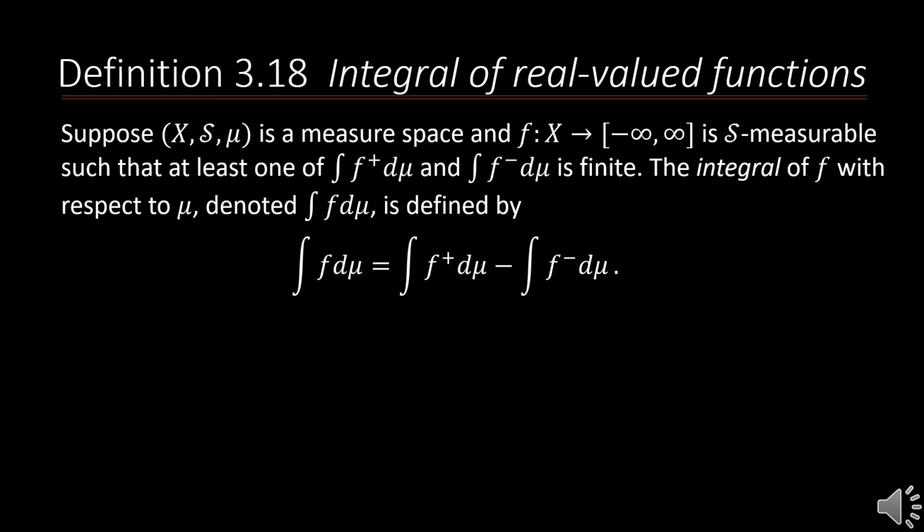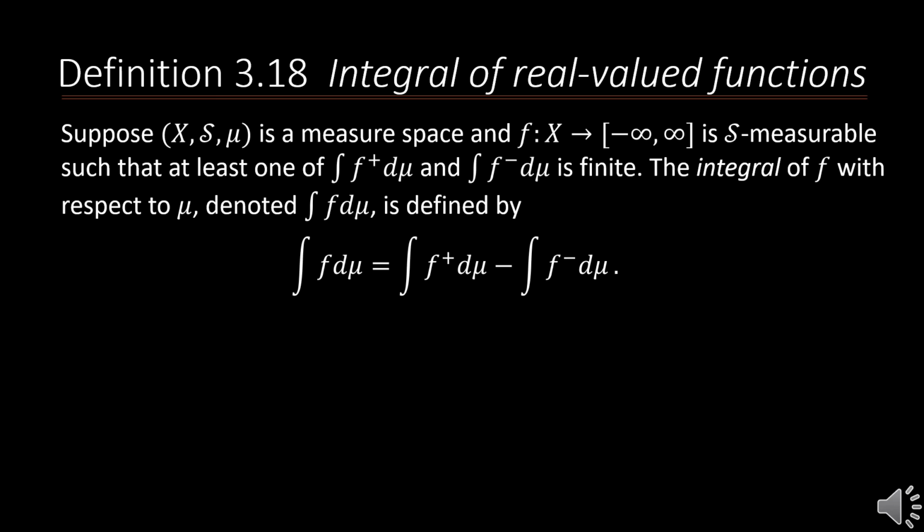We do require f to be S-measurable, and such that either the integral of f positive d mu or the integral of f minus d mu is finite. And of course, it's fine if they both are as well. Recall that while I've omitted the definition here, f positive is f restricted to the domain on which f is positive, and f negative is the function f restricted to the domain on which f has negative outputs.